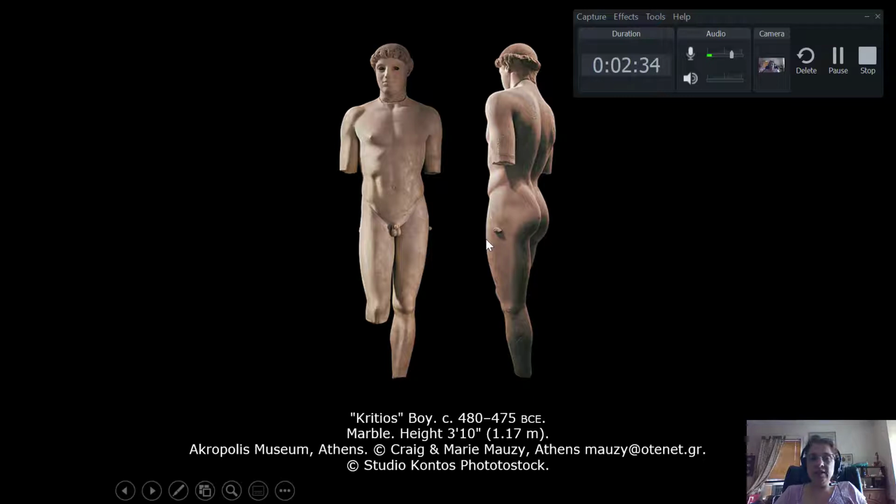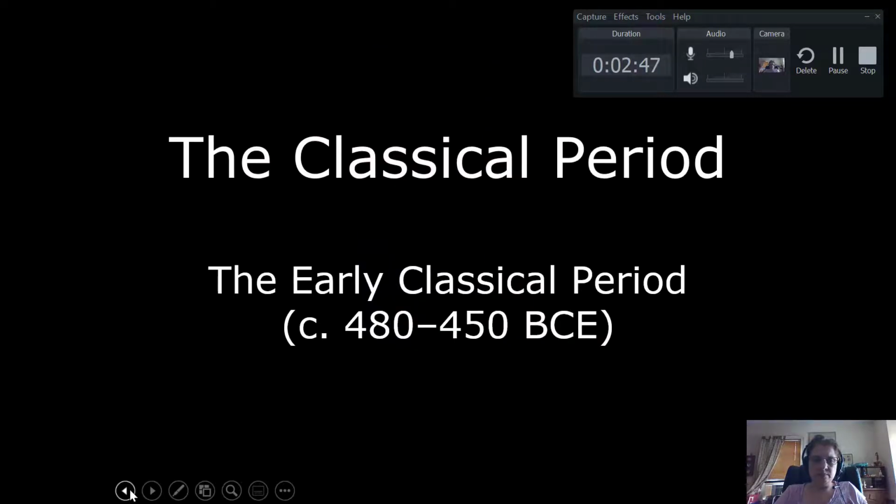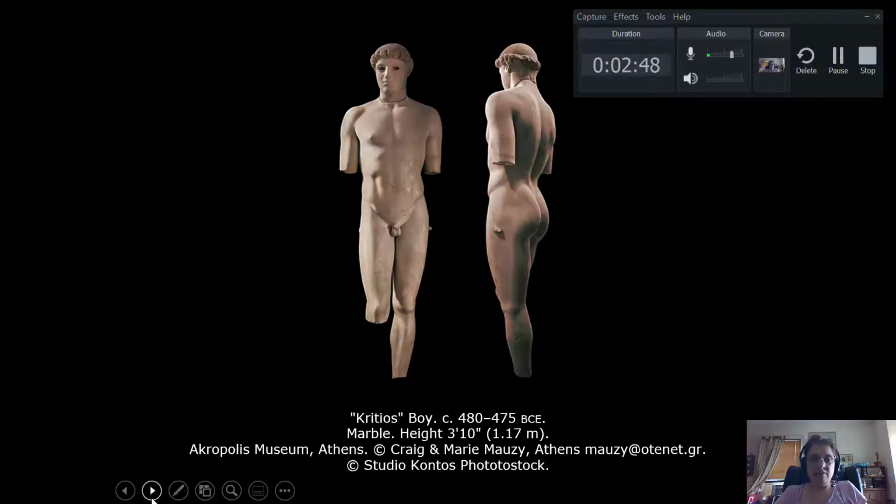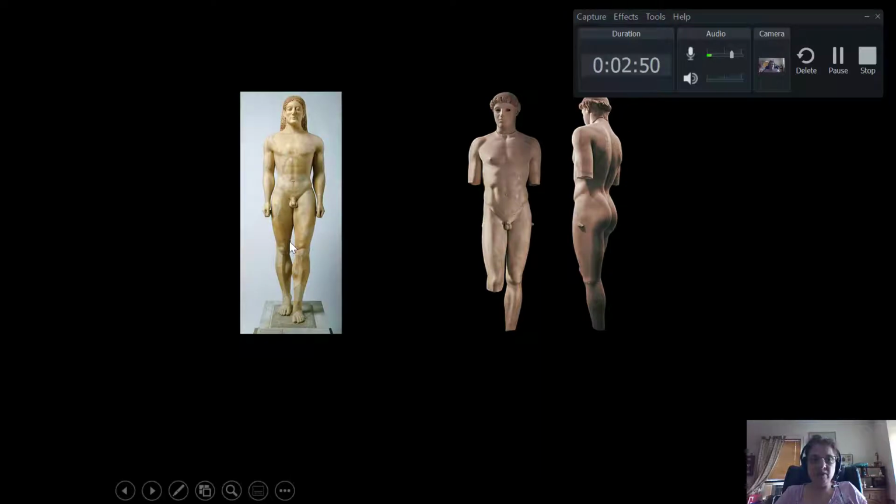The other thing you'll see that makes this more natural is that we have space between the legs and space between the arms, which is called negative space. We did have that in this figure as well. We did not have that in the Egyptian figure, but we do have that also in the early Greek figure.